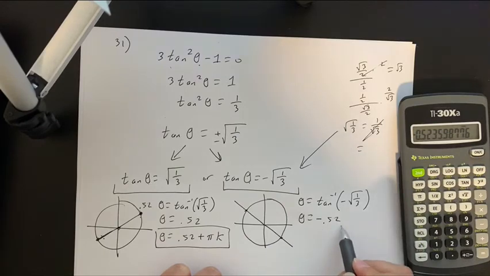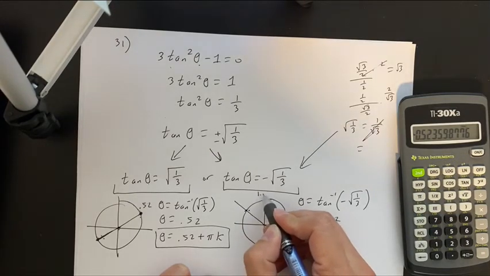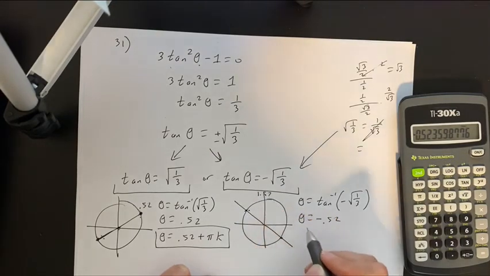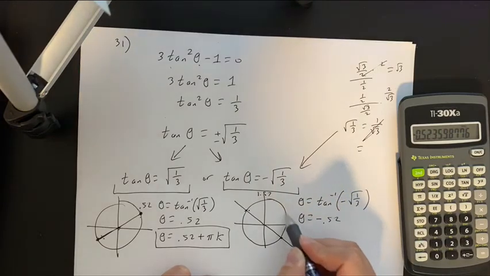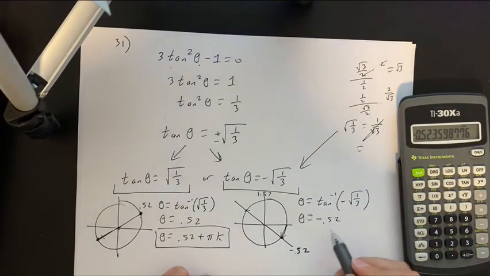Negative 0.52 is not going to be this position, right? Because here is 1.57, that's pi half, but a negative 0.52 means you're going clockwise. So this is the position for this value of negative 0.52.